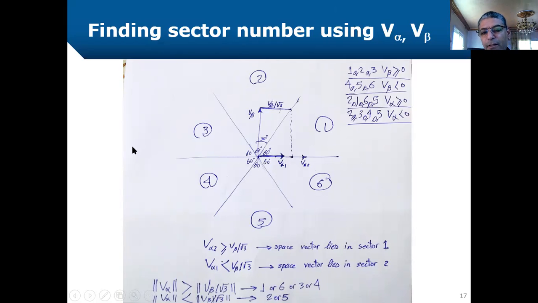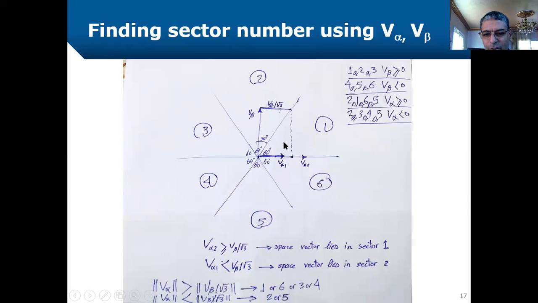For V alpha negative, we also have other consideration that the space vector is lying in sector 2 or 3 or 4 or 5. So we need a certain condition to tighten the selection to say that we exactly lie in sector 1 or 2 or 3 or 4.